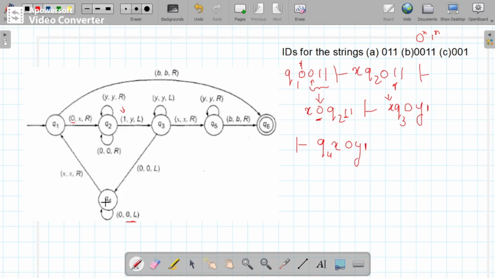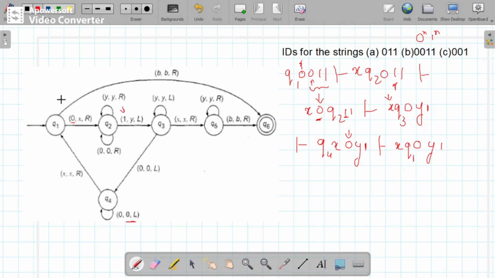Next, q4 on x goes to q1, and it is taking a right move. So the next character to be processed is this. That's why q4 on x goes to state q1. So q1 needs to be before the next character to be processed.